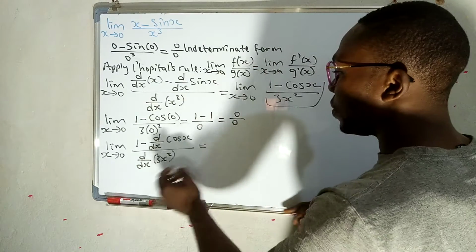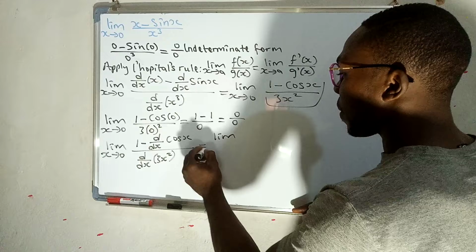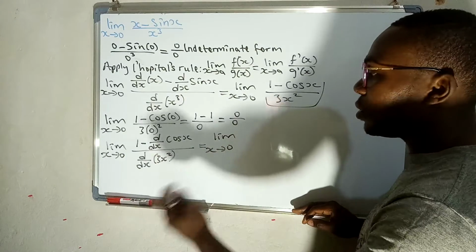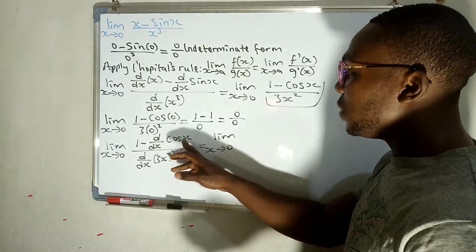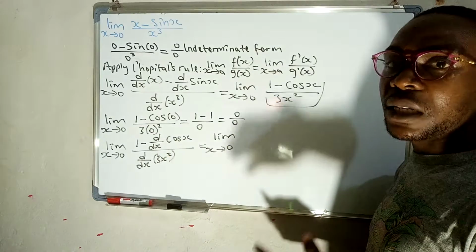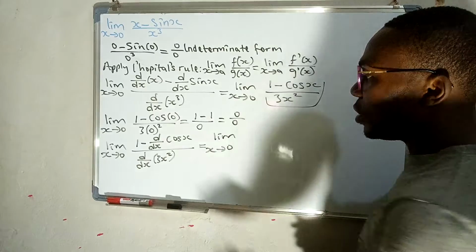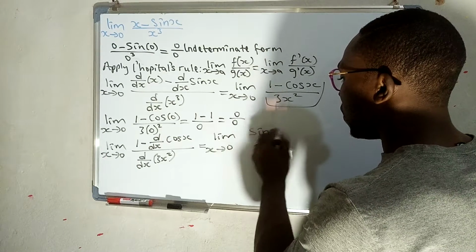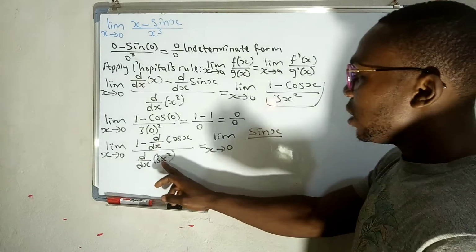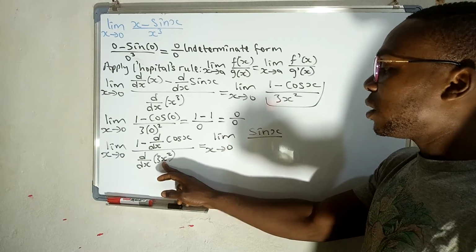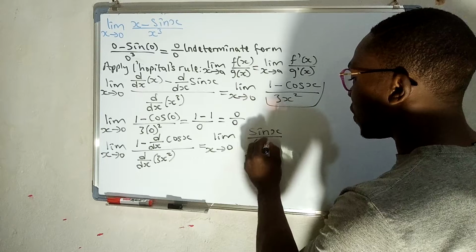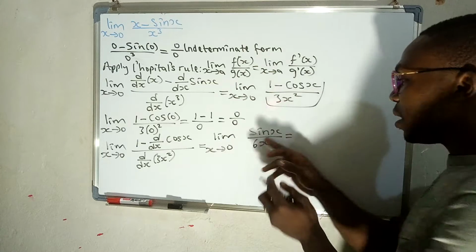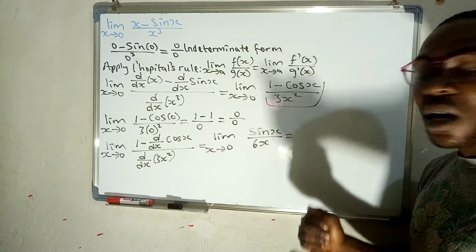This is equal to the limit as x approaches 0. The derivative of 1 is 0, so I don't have to put it, and the derivative of cos x is minus sine x. Remember, we have a minus here, so it will become positive. So we'll have sine x all over the derivative, which will be 6x.